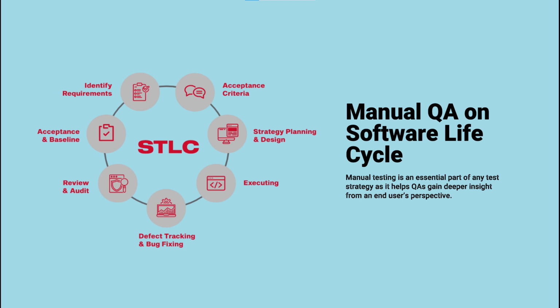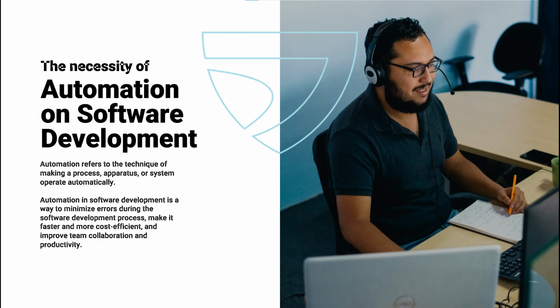So what we are going to see in the next slide is, why do we need automation in software development? If manual QA has been demonstrated to have plenty of techniques and results and everything of that stuff, why do we need automation? It turns out that manual QA takes a lot of time and also a lot of people to do. For example, if we are talking about a really small application, you can test it with just 1 or 2 persons.